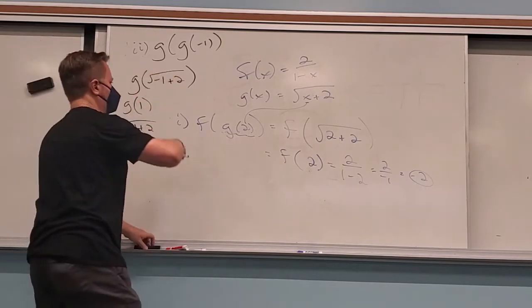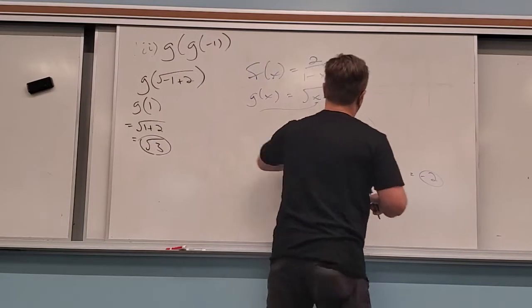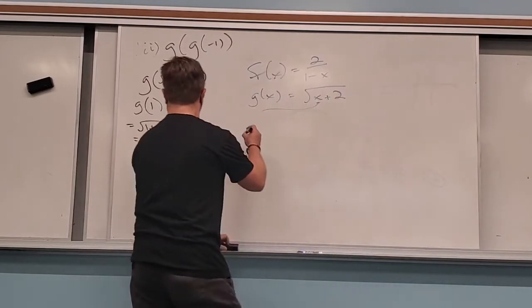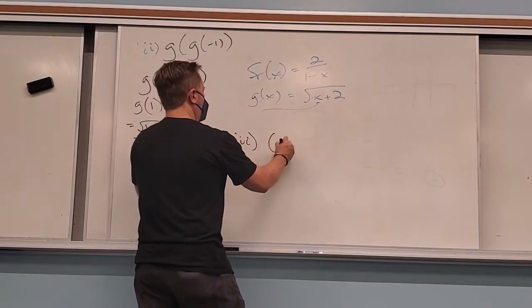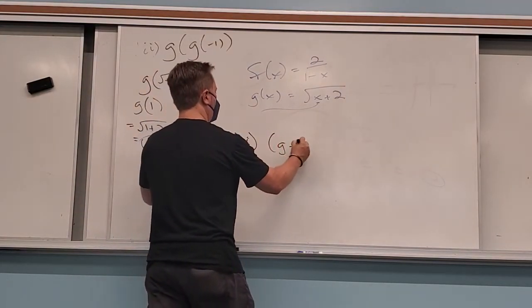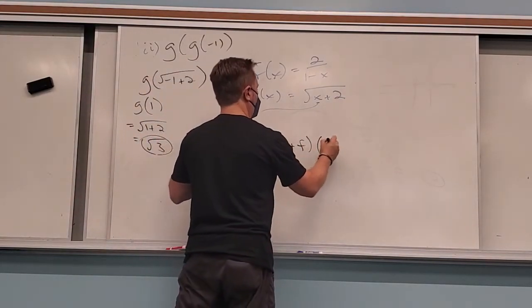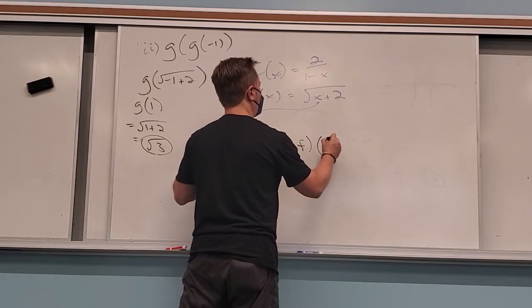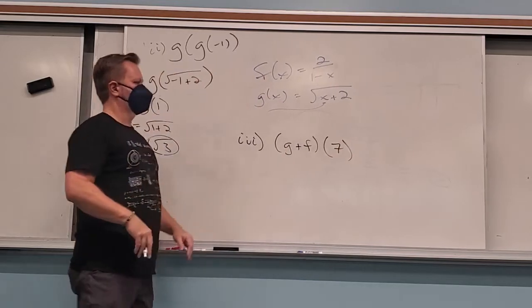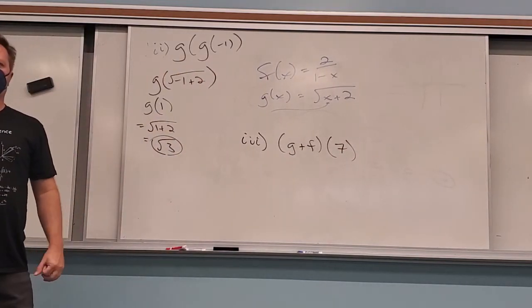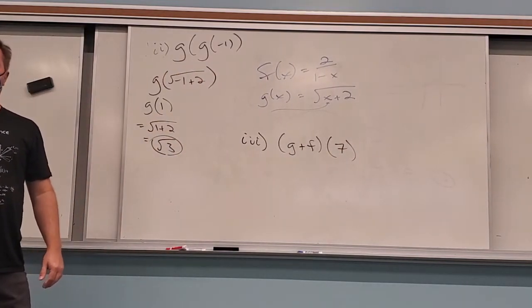One more thing with these. Let's see what you guys think of this. What do you think this is asking you to do? G plus F at... what do you got, Jeff? 7. What do you think that wants?